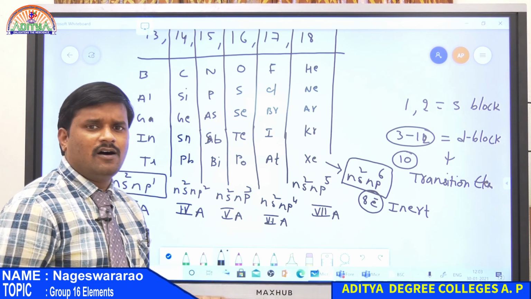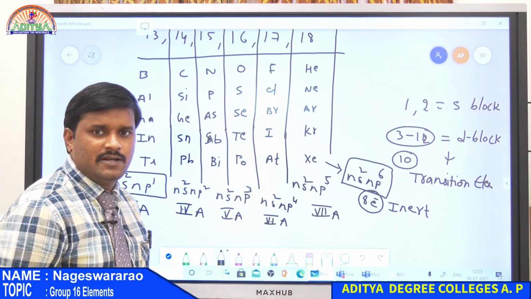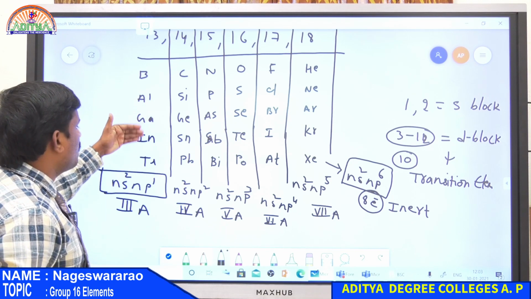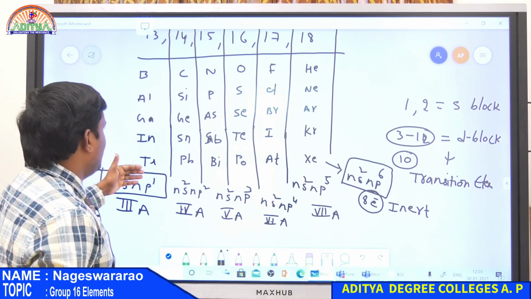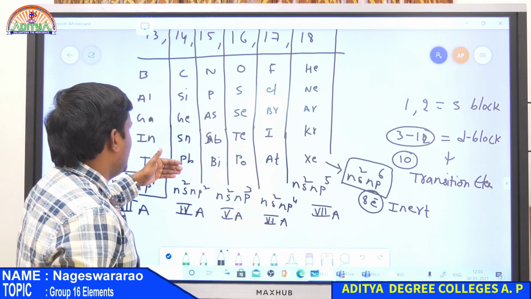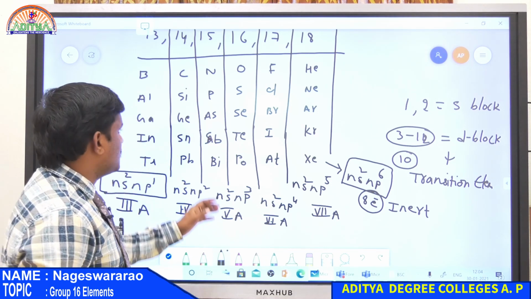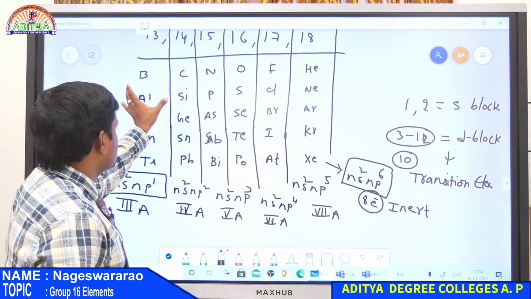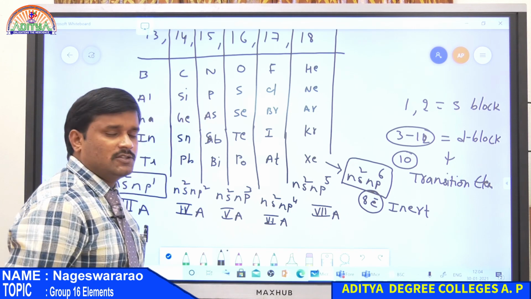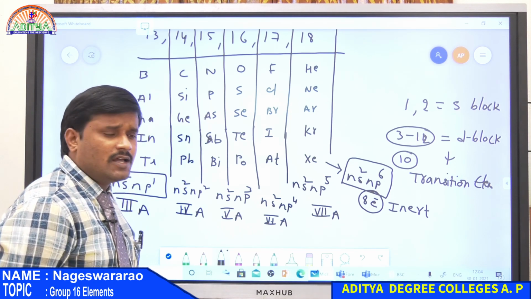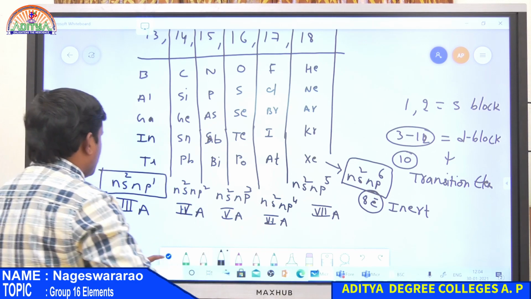All are physical properties of elements. From boron to thallium, carbon to lead and nitrogen to bismuth, we discussed already all the physical properties of 13, 14 and 15th group elements, and also we discussed about the compounds.